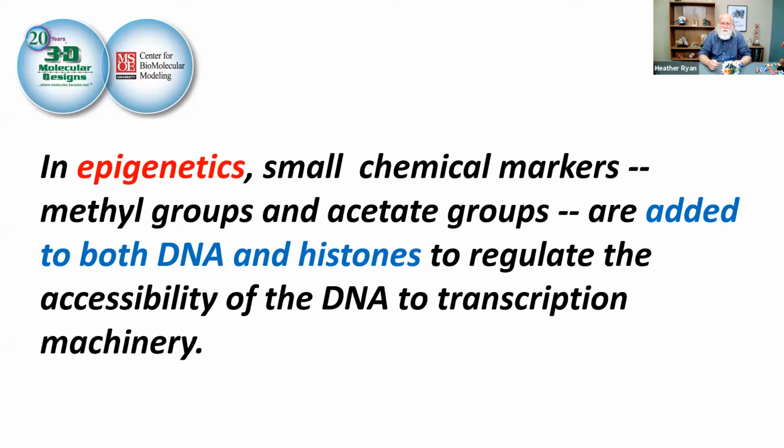it's simply the addition of small chemical markers like methyl groups or acetate groups that are added to our chromatin. Now, what is chromatin? Well, chromatin is what you have when you take those condensed metaphase nucleosomes that Chris was showing you.